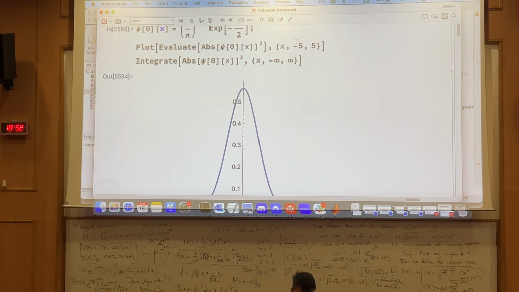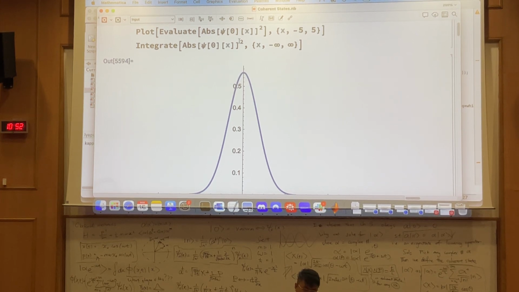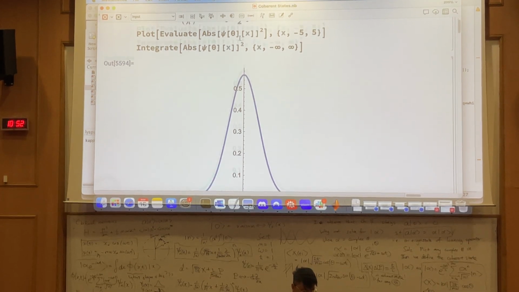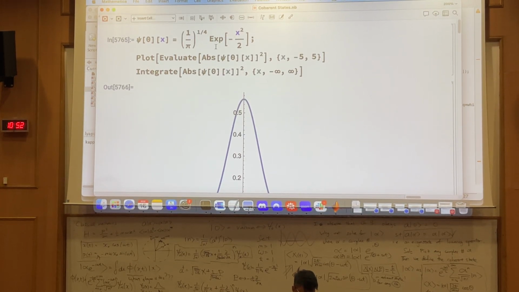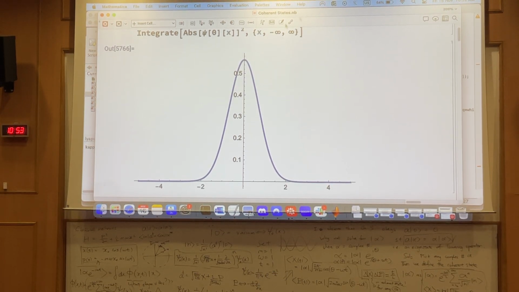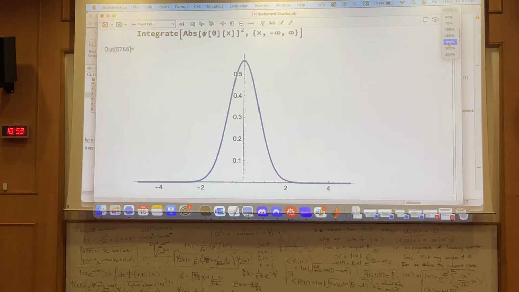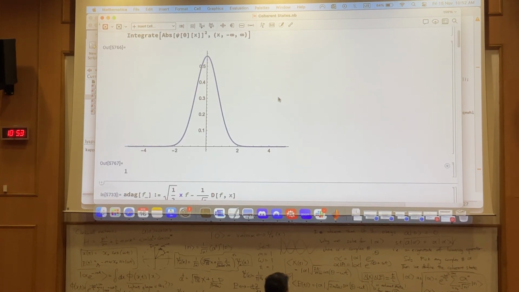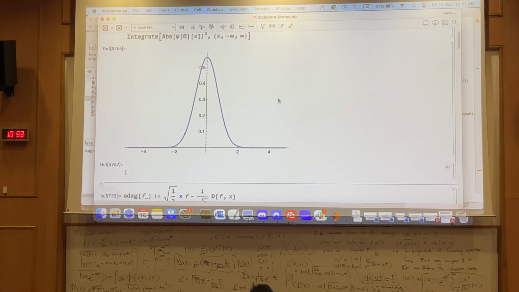I'm going to plot it between minus 5 and 5. And then for good measure, I'm going to also integrate it just to check the area under the curve. So let me run it. Okay, let's run. Not surprisingly, it looks like a Gaussian. And the area is close to 1. That output number is 5767. I've left my program on for very long, so it's done 6,000 calculations.